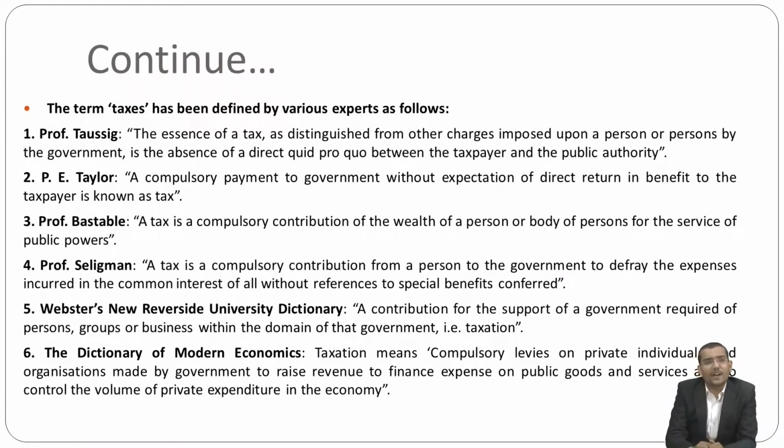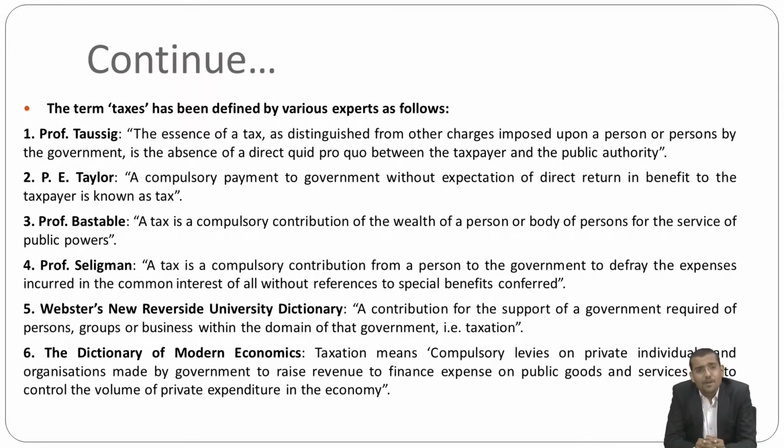First expert defines that the essence of a tax, as distinguished from other charges imposed upon a person or persons by the government, is the absence of direct quid pro quo between the taxpayer and the public authority. So here it is justified that there is a difference between the charge and the functions, and the person has to pay the tax to the government.